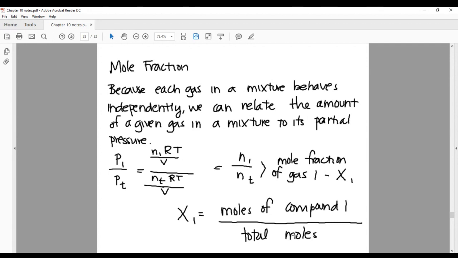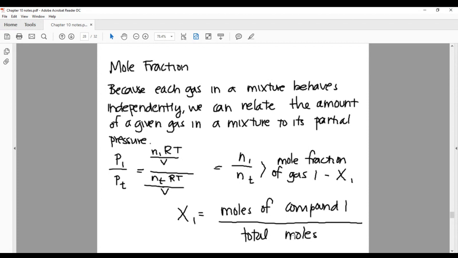Okay, now keep in mind, I know this is a lot to take in, and your book does give a little bit more explanation. But what we're trying to do is relate the number of moles of gas to its pressure. We know that's Avogadro's law. We already did that. But now we're looking at partial pressures, when we have a mixture of gases.